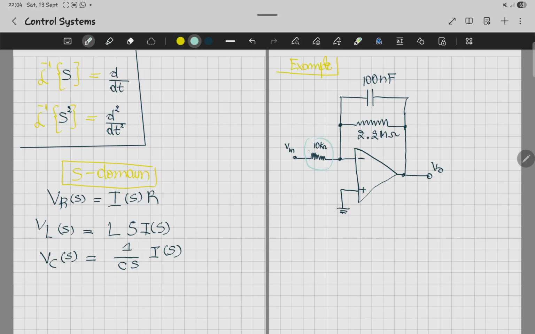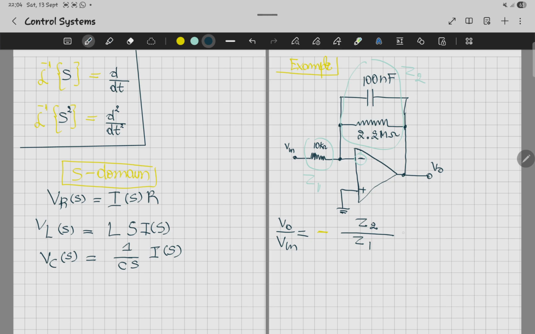This is where we have z1. This is where we got z2, and also the sign is negative. For the transfer function, it's going to be vo over v in, which will be equal to negative because of the sign, the inverter pin. So it's going to be z2 over z1.